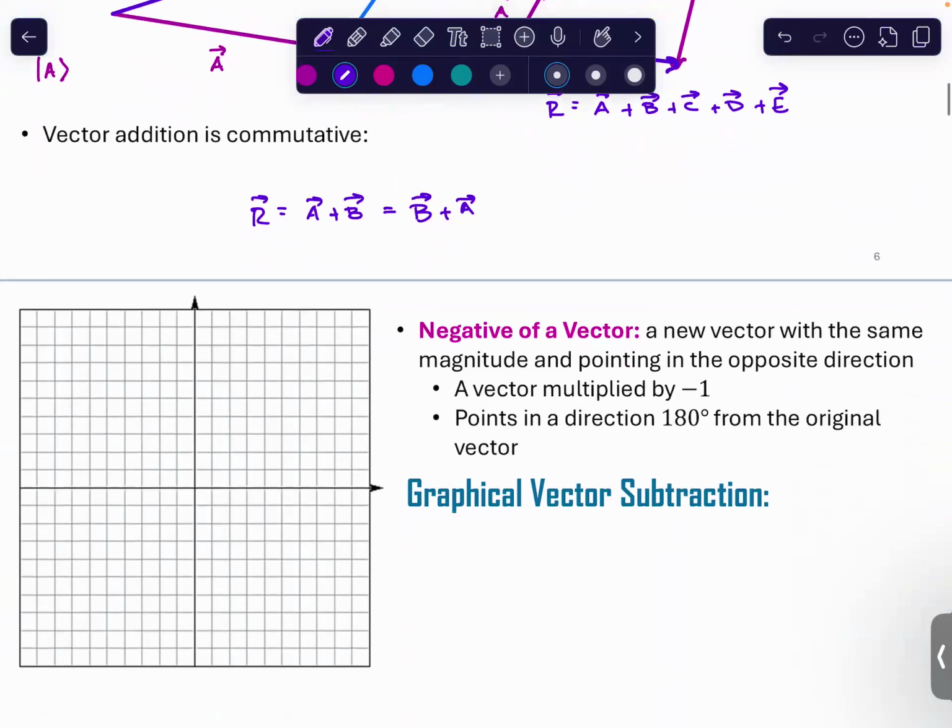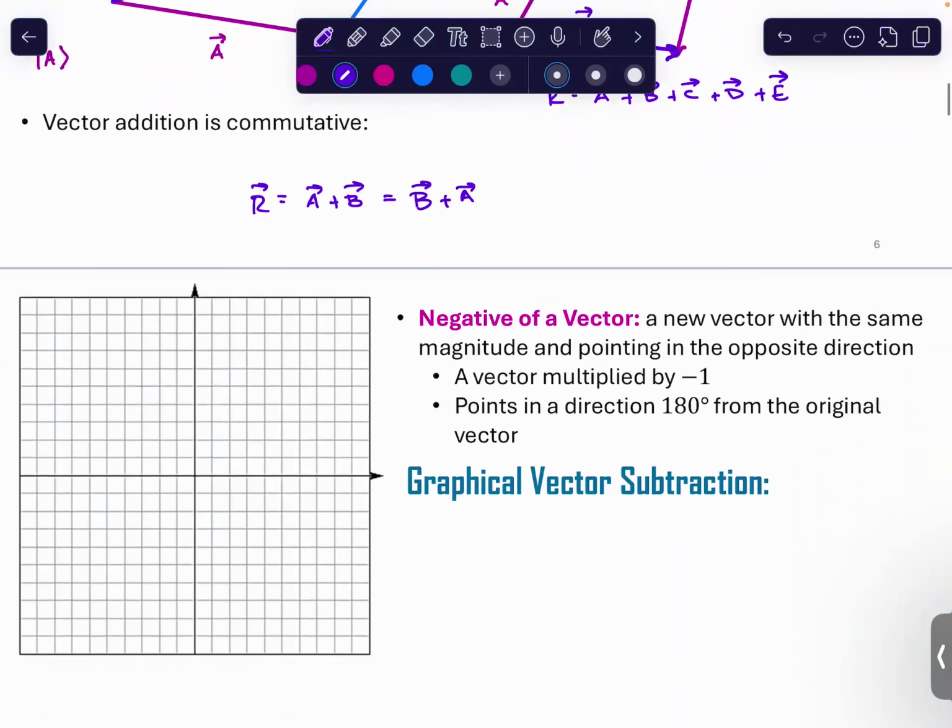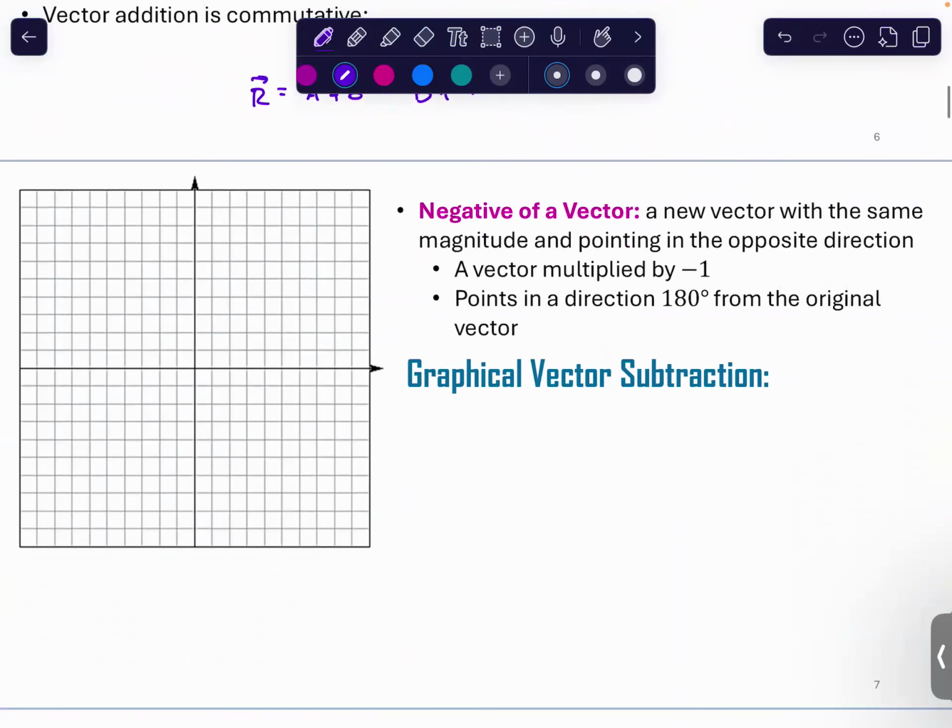The negative of a vector. Okay, so what if I have, first off, vector A. Which component will be positive? Which component will be negative?